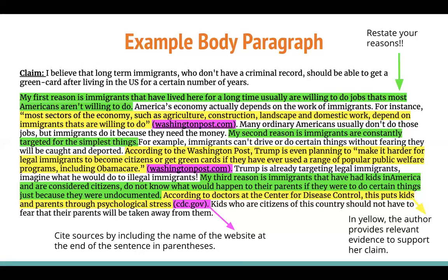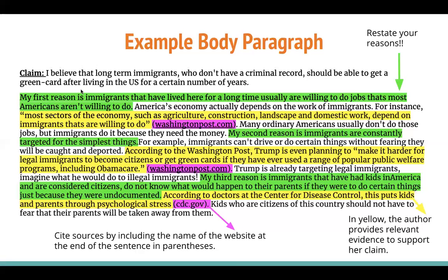In that last part of her paragraph, the author restates her reason in green. She provides relevant evidence in yellow to support or explain her reason, and she cites the source where she got her evidence from. Those are the three key moves in an example body paragraph.